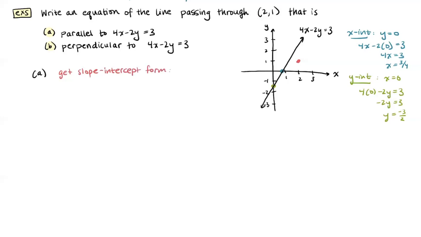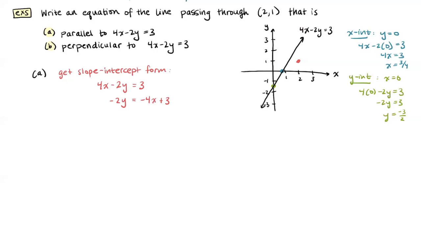We have 4x minus 2y equals 3, and we'll rearrange this and solve for y. I'm going to subtract 4x from both sides. That gives us negative 2y equals negative 4x plus 3. I'm putting the negative 4x in front because that's normally how we have lines written.